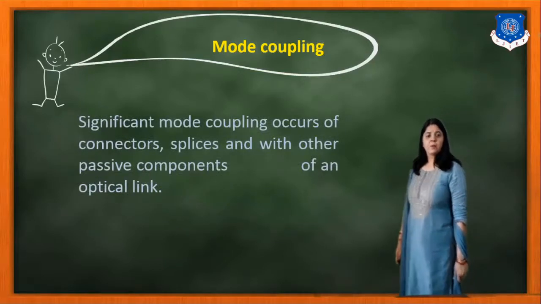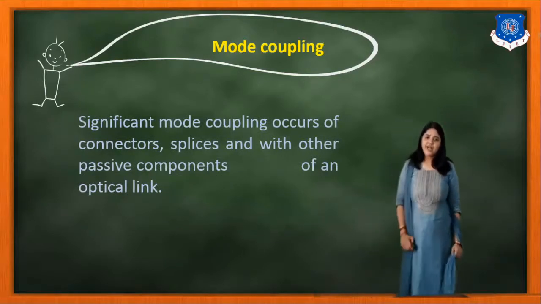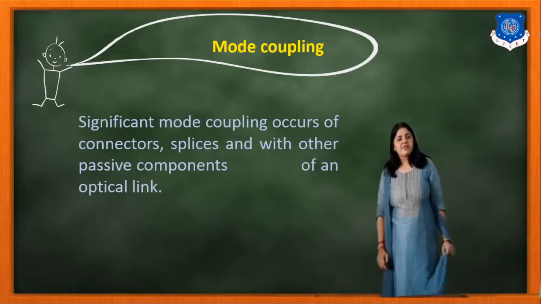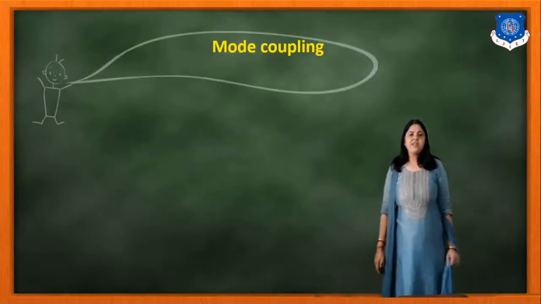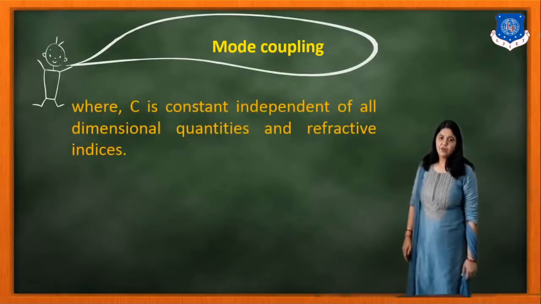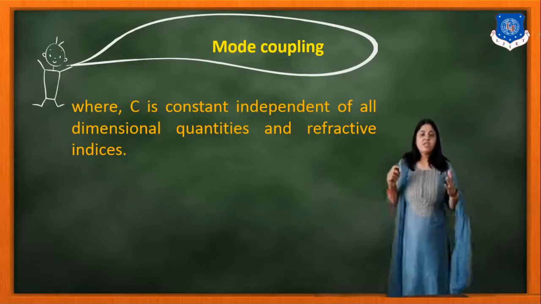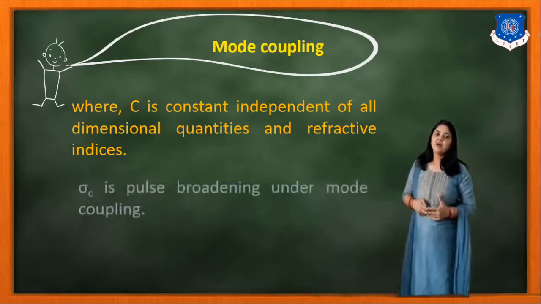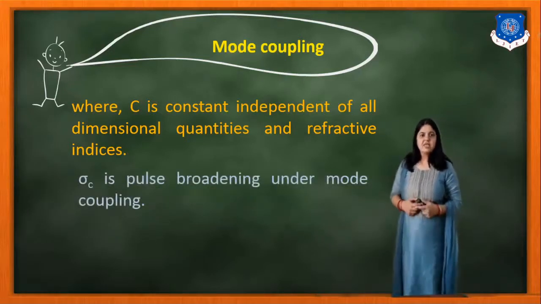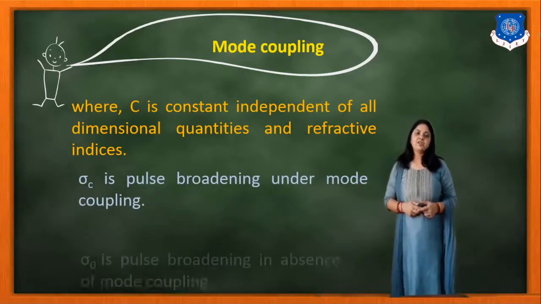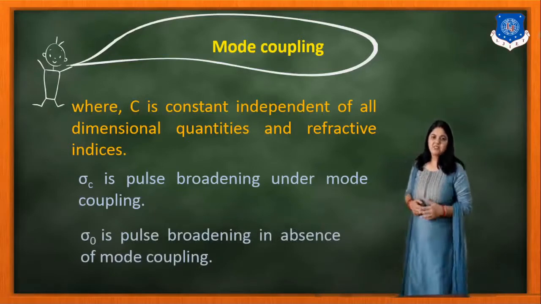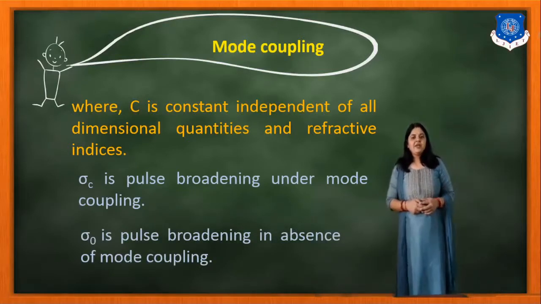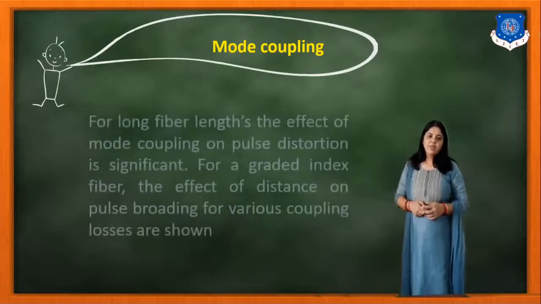Significant mode coupling occurs at connectors, splices and other passive components of an optical link, where C is a constant independent of all dimensional quantities and the refractive indices. Sigma C is the pulse broadening under mode coupling. Sigma 0 is the pulse broadening in the absence of mode coupling.